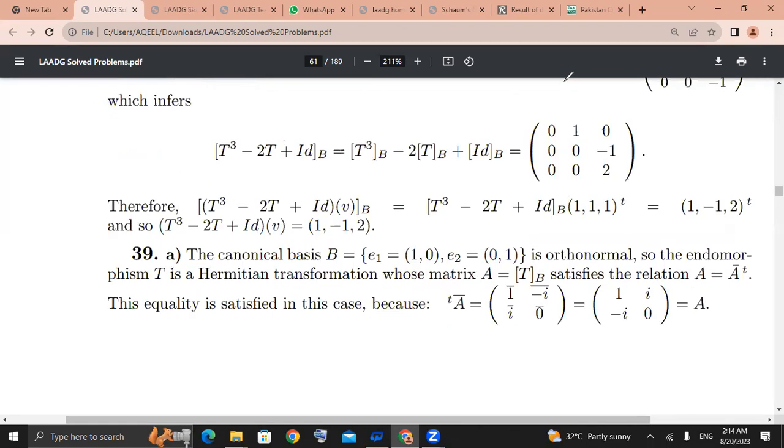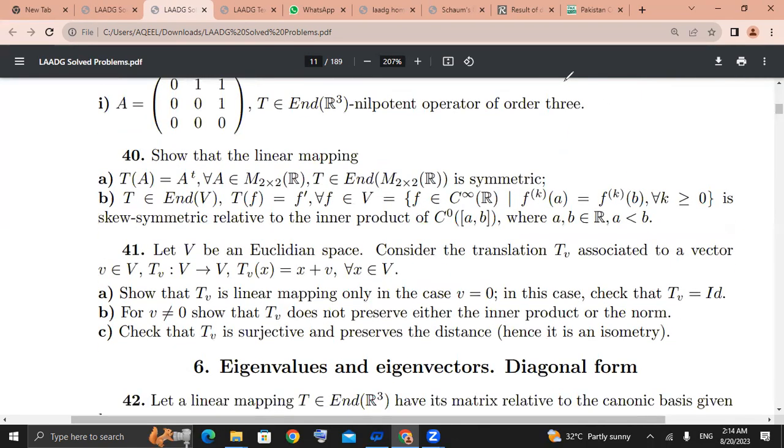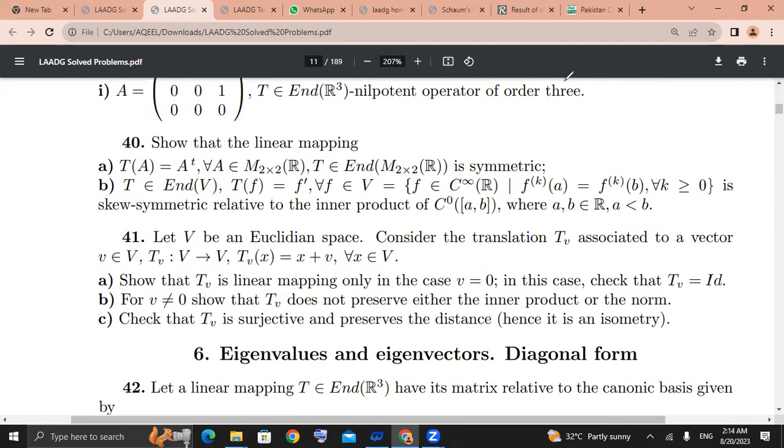And now we are going towards question number 40, which says to show that the linear mapping A, T of A equal to A transpose, is symmetric. We have to prove it's symmetric. Symmetric means that the matrix obtained, A transpose, is equal to A.